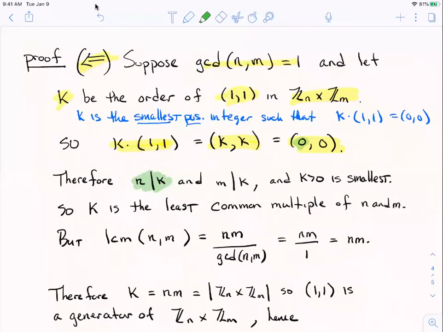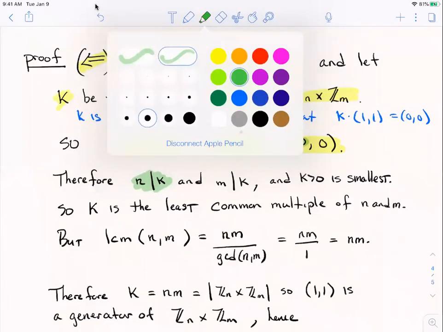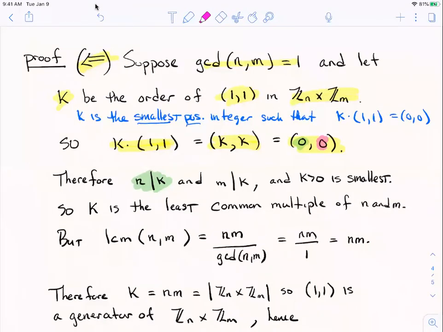The addition in that first coordinate is happening mod n, and the only way you're 0 is if n divides you. Likewise, to have a 0 in the second coordinate, you have to be divisible by m. So k is the smallest integer that is divisible by both n and m.